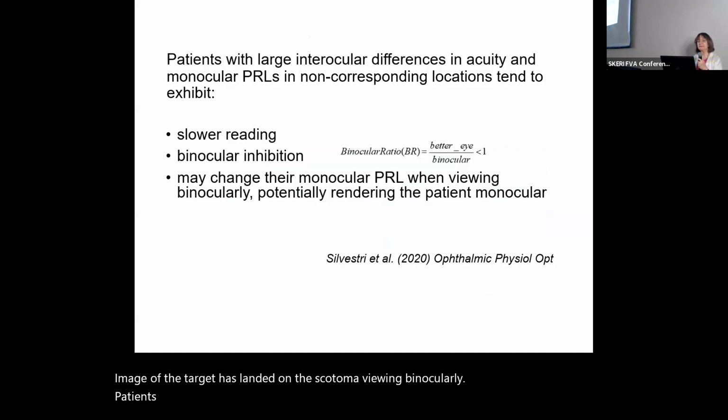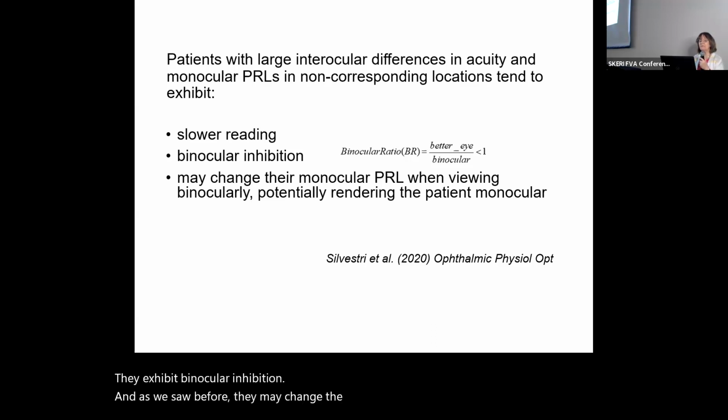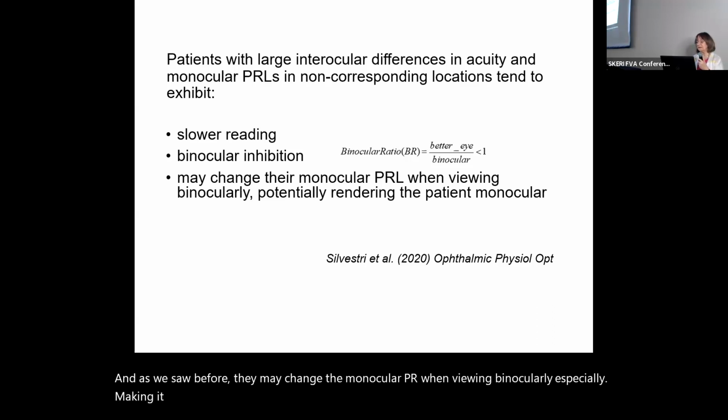Patients like P6 have many issues. First of all, the reading is slower. They exhibit binocular inhibition. And as we saw before, they may change the monocular PRL when viewing binocularly, which makes things difficult because this renders them monocular.